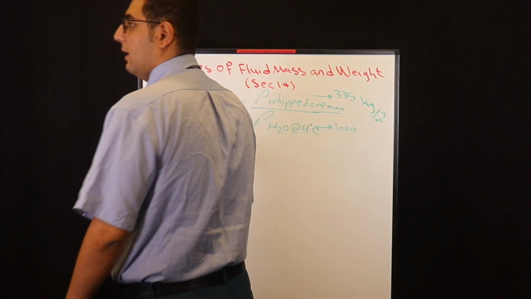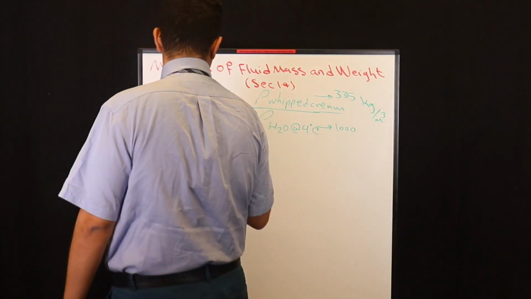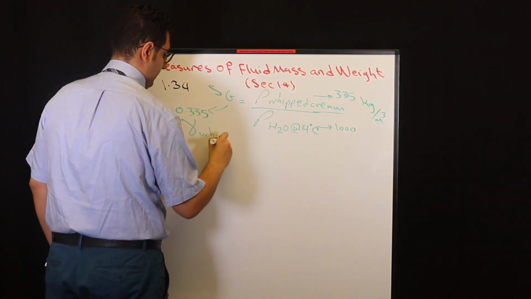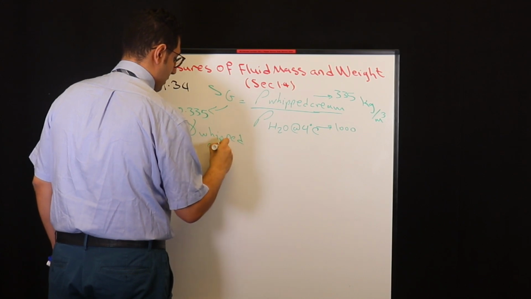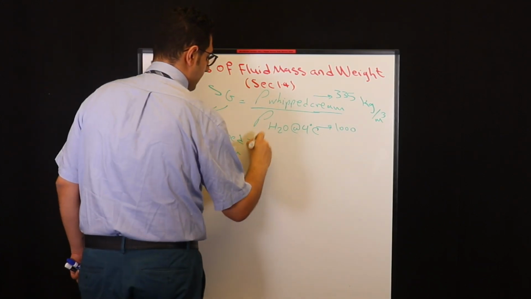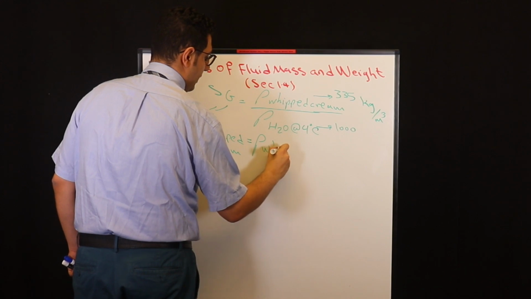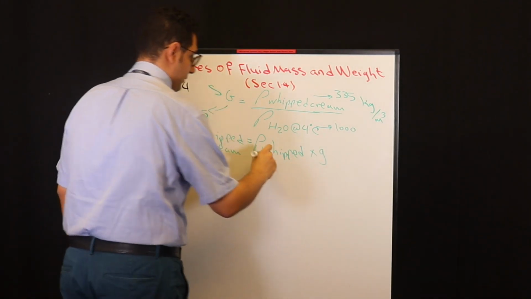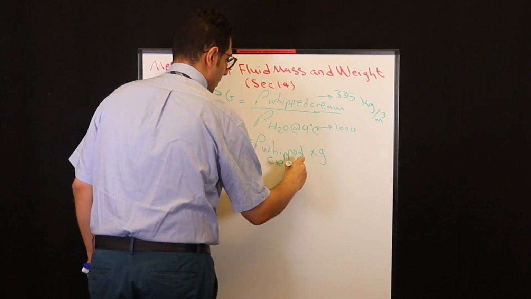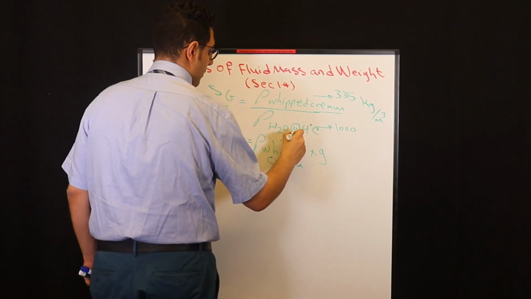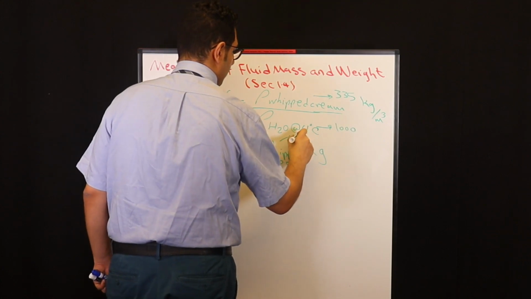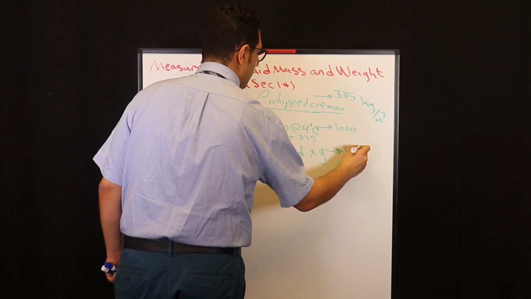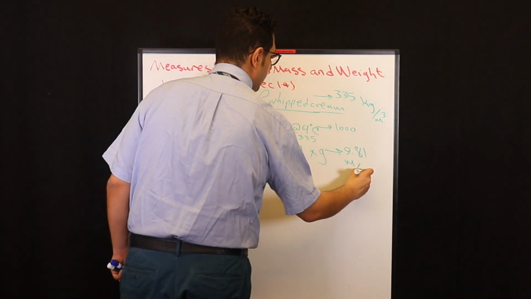For a specific weight, we have gamma of whipped cream, which means density of whipped cream multiplied by gravity. This is 335, and this is 9.81 meter per square second.